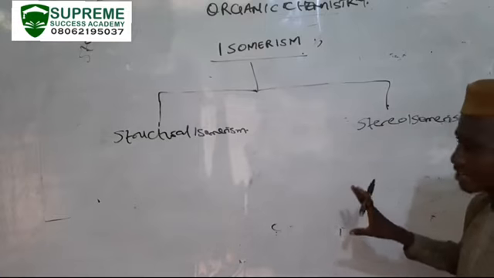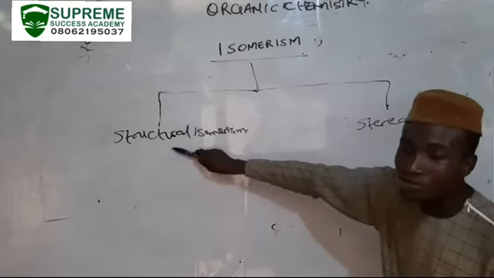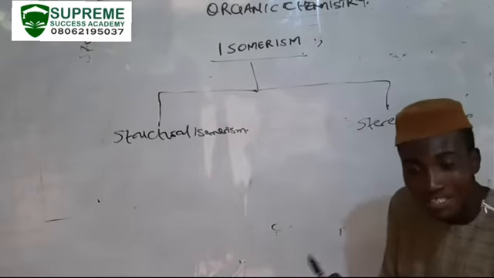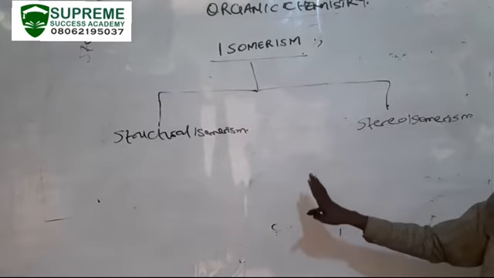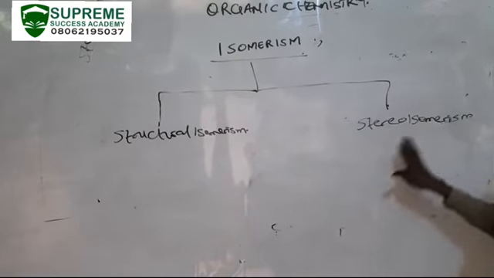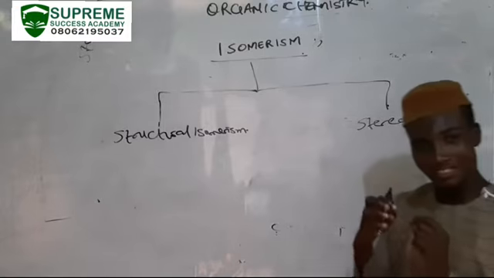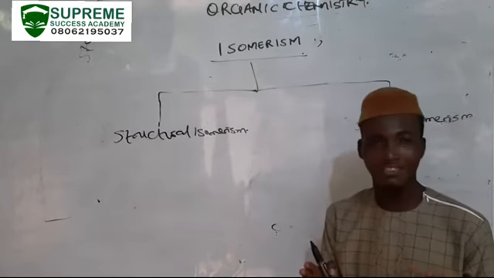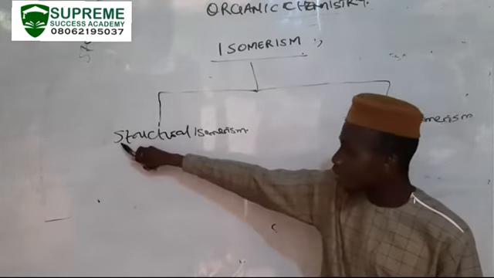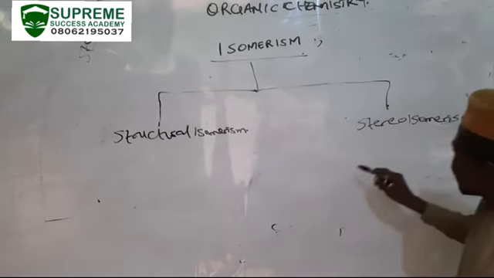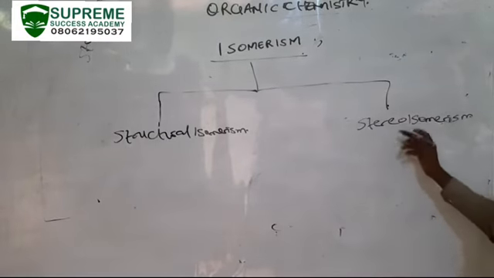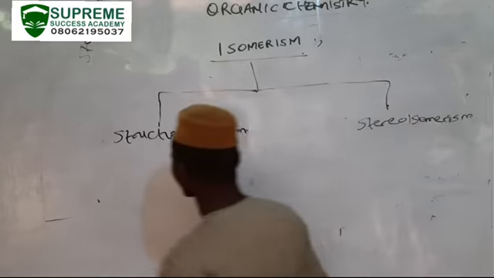Isomerism can be broadly divided into two. Structural isomerism, due to a difference in the structural arrangement of atoms, while stereoisomerism is due to a difference in the spatial arrangement of atoms. So there can either be a difference in the structural arrangement of atoms, that is what we call structural isomerism, or there's a difference in the spatial arrangement of atoms, we call it stereoisomerism.